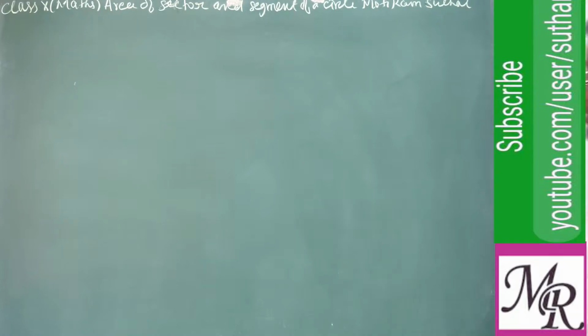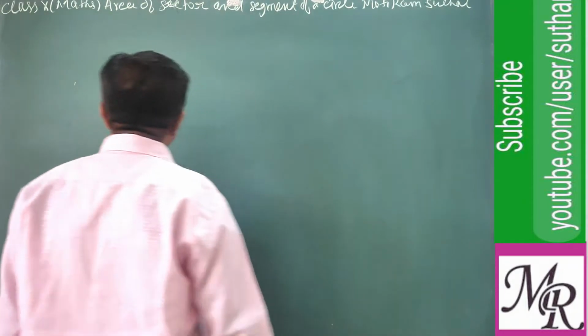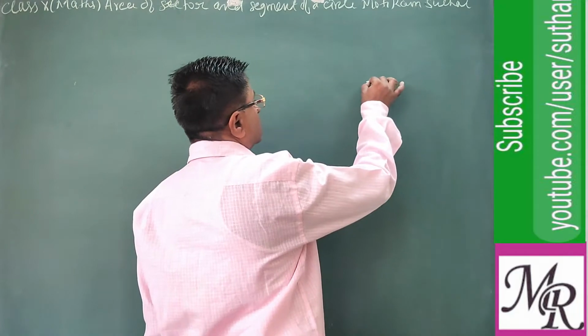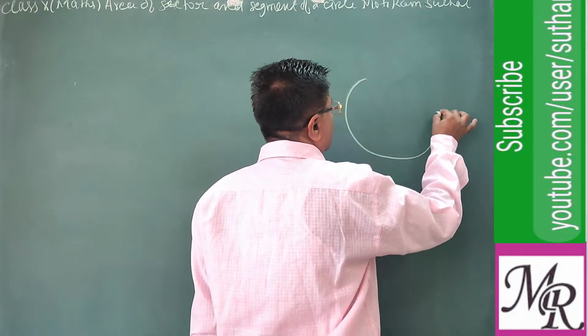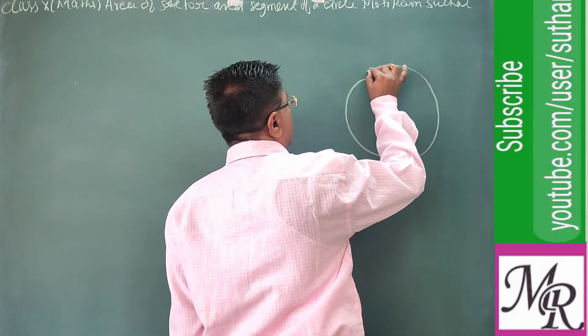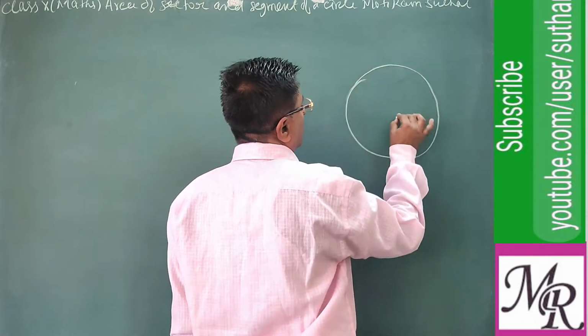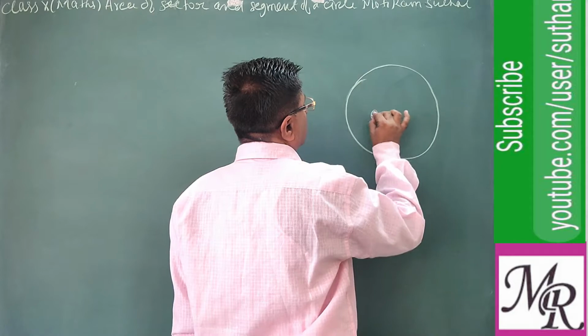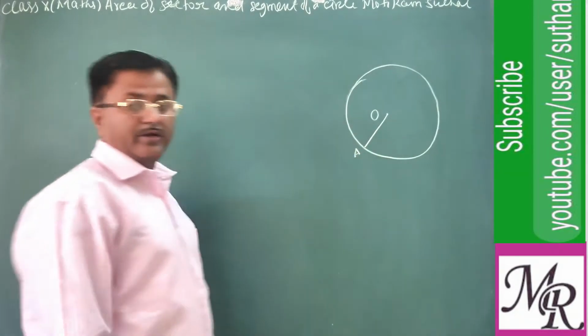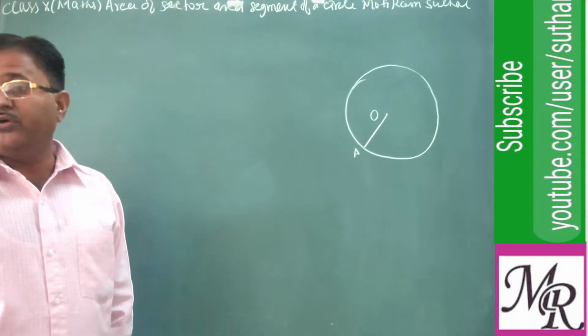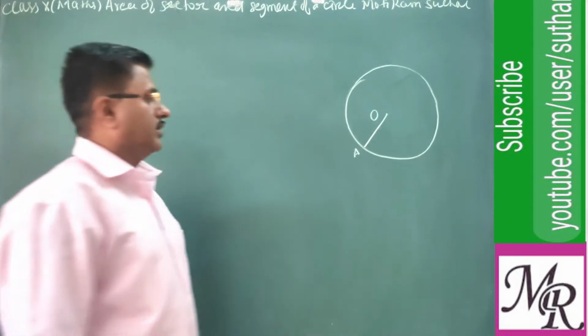First of all, we see what is the meaning of the sector. Suppose we are given a circle of radius r with the center O. OA is the radius. Now we take another point on the boundary of the circle.